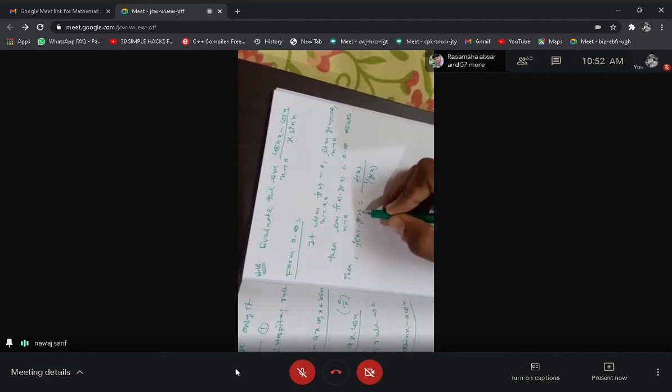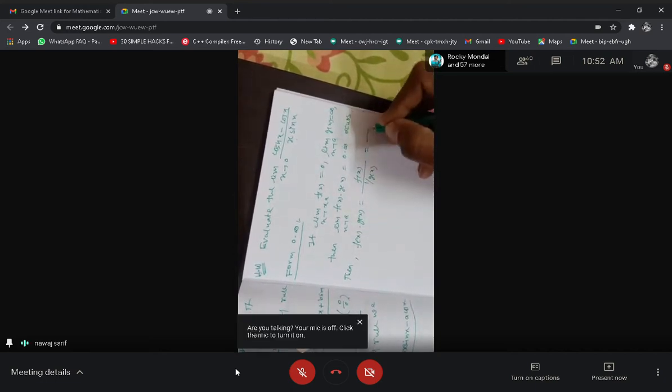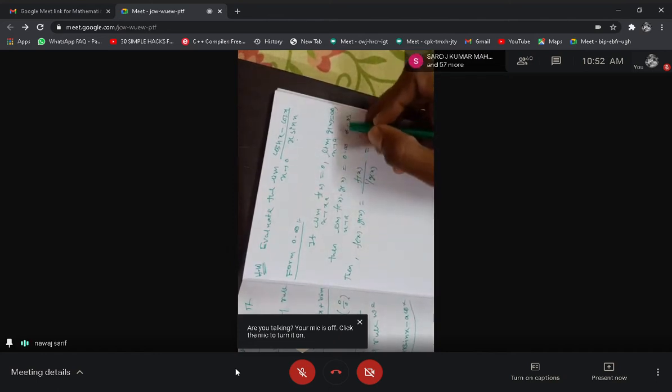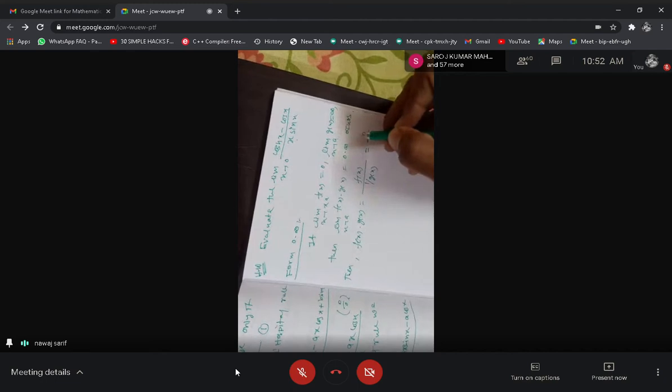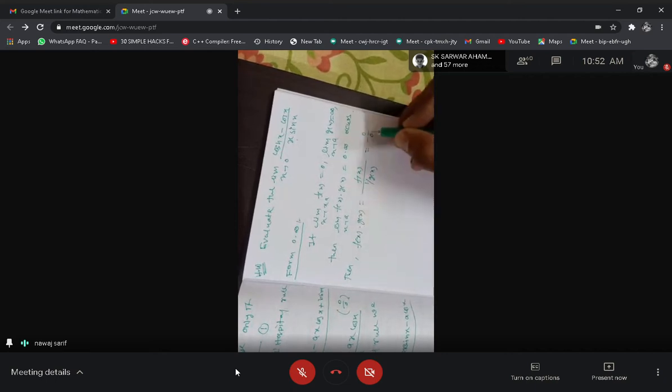Yes, sir. f(x) into g(x) can be written as f(x) divided by 1 by g(x), and then what is this? This is the 0 by 0 case. Okay, if your limit of g(x) is infinity, then what is the limit of 1 by g(x)? That is 0. That means your limit of f(x) into g(x) is now the 0 by 0 case.